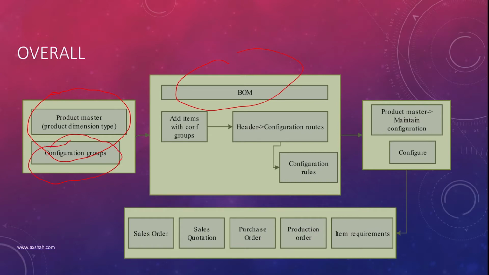In the bill of material, each line is attached to the configuration groups, and to these groups rules are added, like limiting which combinations work together within the BOM components. Then in the product master, the variants are generated, and these variants are used in sales orders or purchase orders or any other transactional forms.